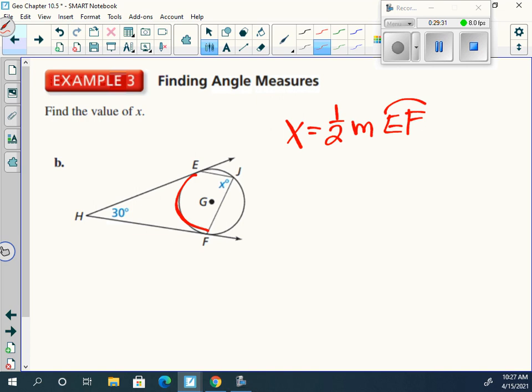Now it's not drawn, but we know that the central angle here is the same as this arc measure, yes? So if I wanted to, I could say that this is equal to 1/2 the measure of angle FGE, that central angle.